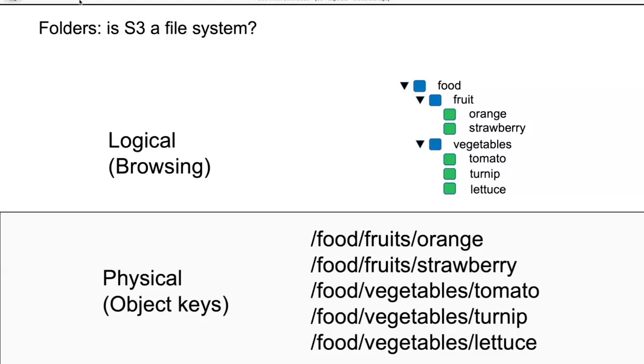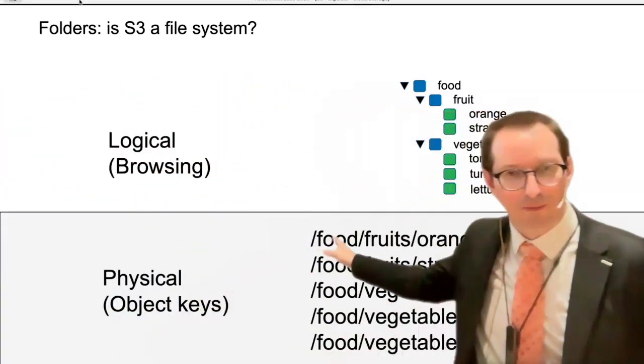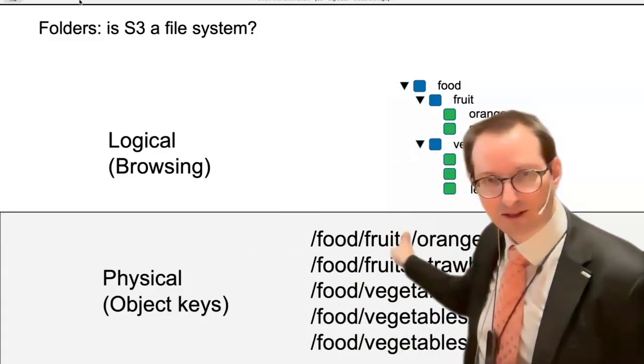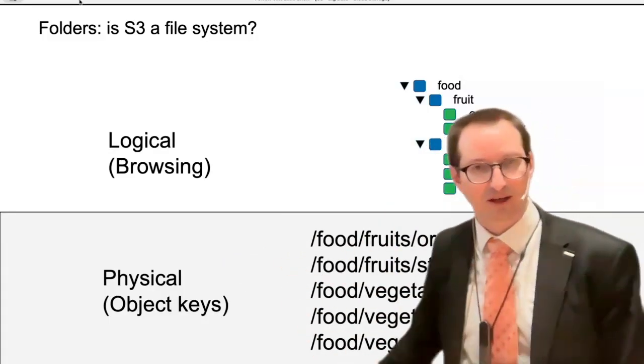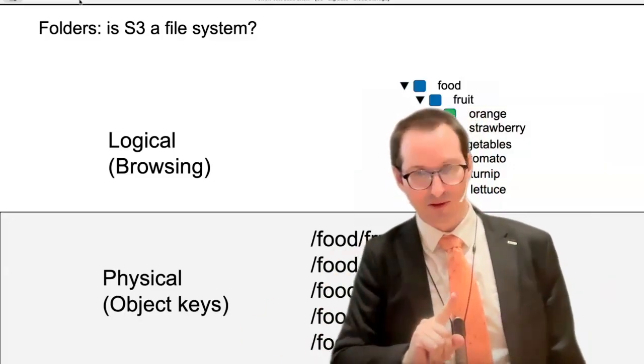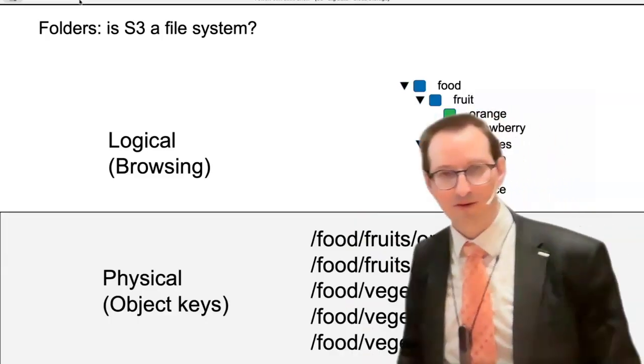Something's not right. So what you need to understand is that these paths are simulated. From a physical perspective, in S3, the slashes are just symbols like any other, right? So this is an object ID, this is an object ID, this is an object ID. So it's structured like this. But for convenience, you can interpret the slashes as paths.